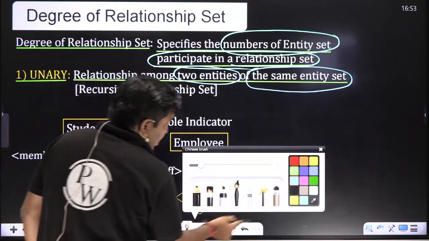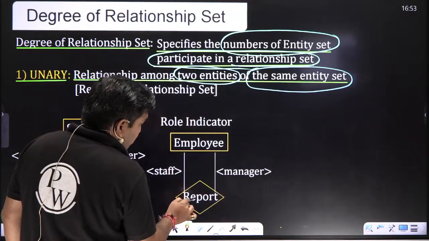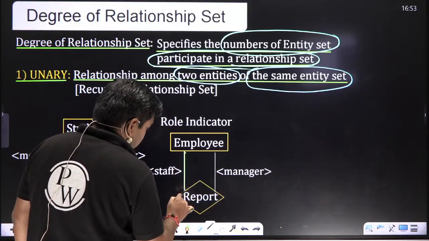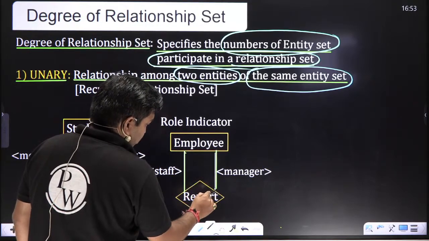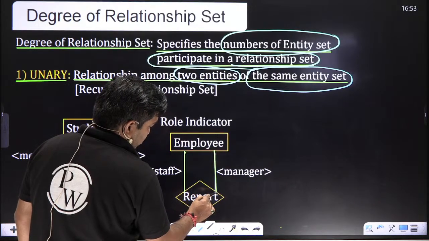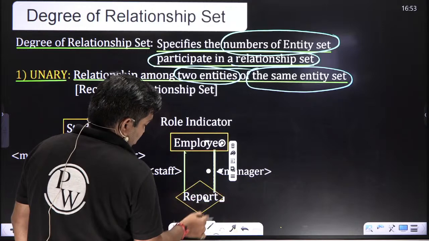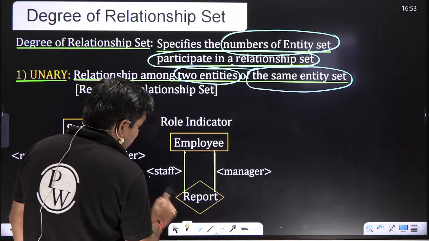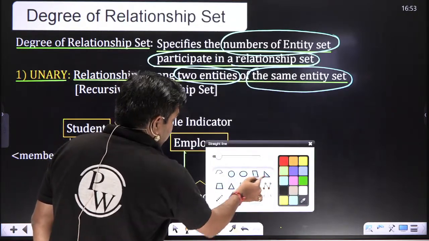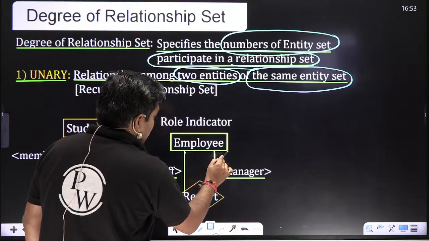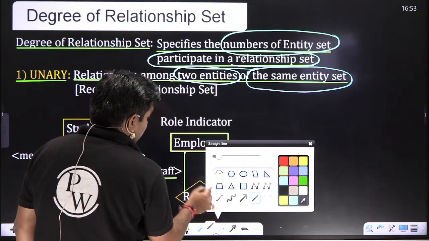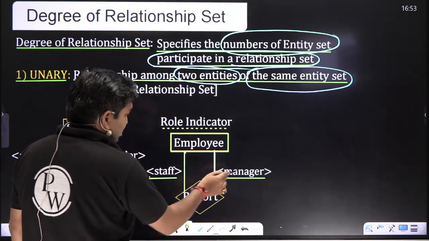For example, here you can see employee reports employee. This is a staff person and this is the manager. But here only one entity set is participating, and these are the role indicators, one is staff, another one is manager.